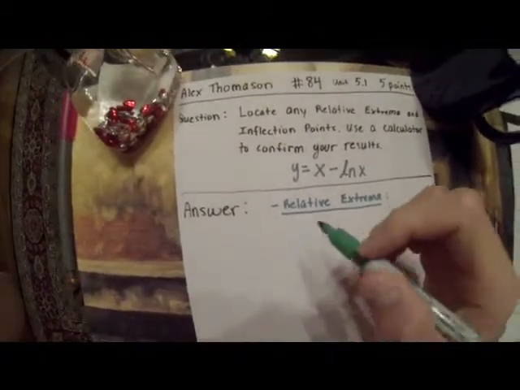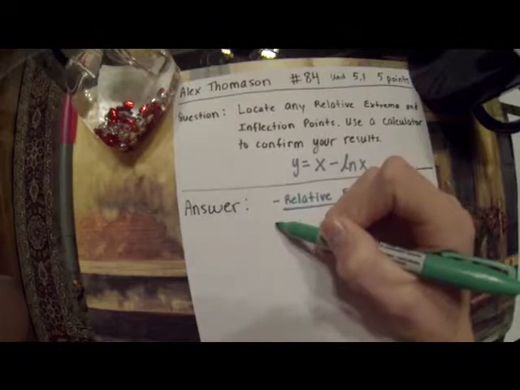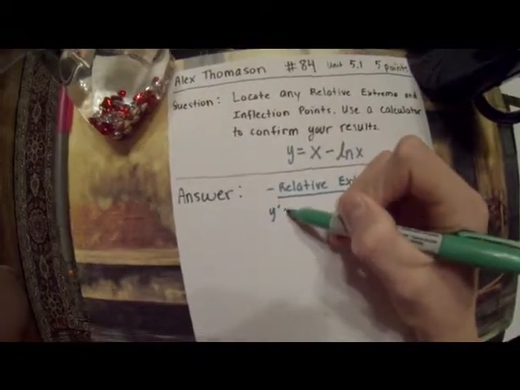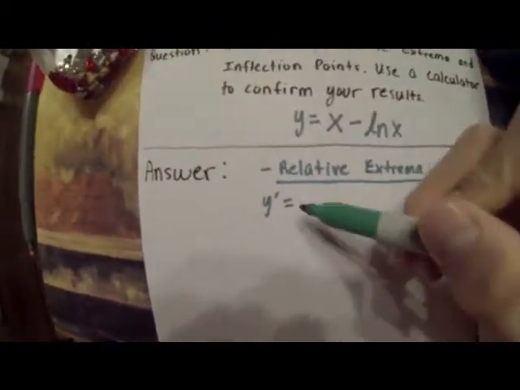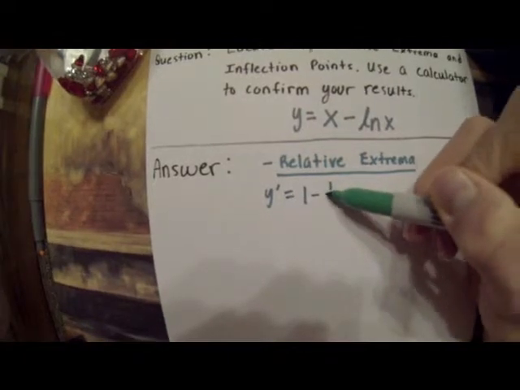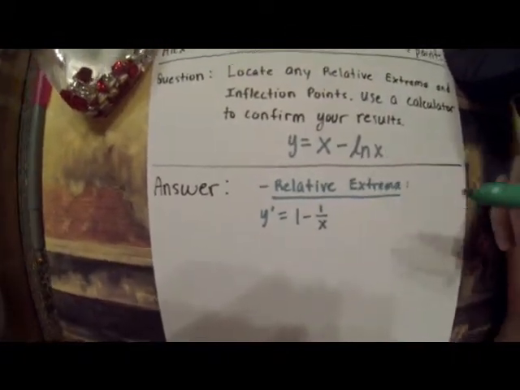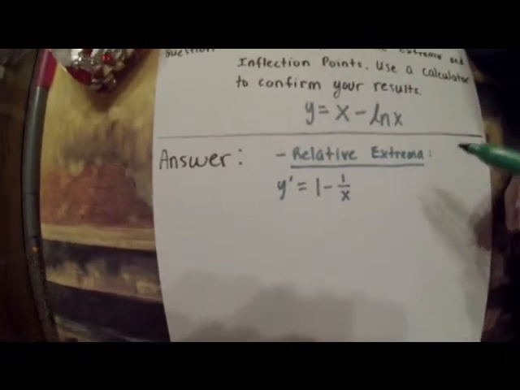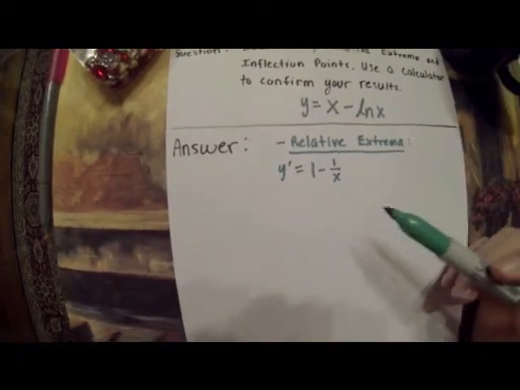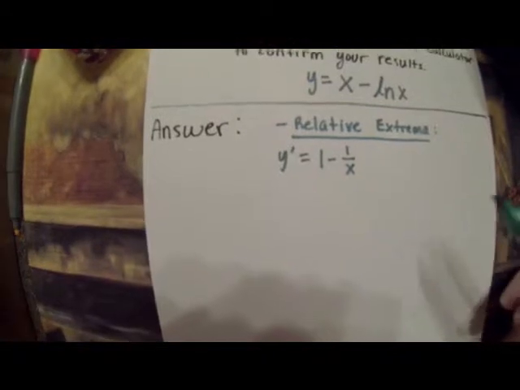our first derivative will be y prime equals 1 minus 1 over x, and 1 over x is the derivative of ln of x. And to find the relative extrema, we need to set y prime equal to 0, or where it does not exist.